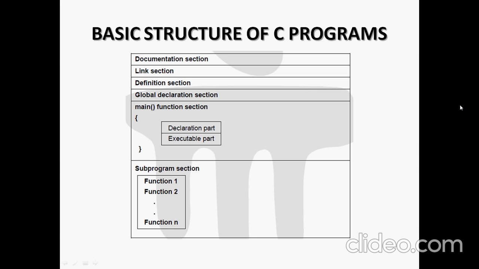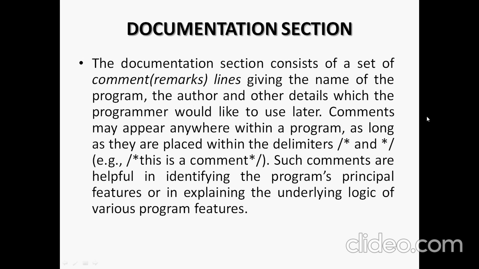So what does the documentation section do? The documentation section consists of a set of comment lines giving the name of the program, the author and other details which the programmer would like to use later. It is usually written at the top of the program to describe the program name, author name or the details of the program.